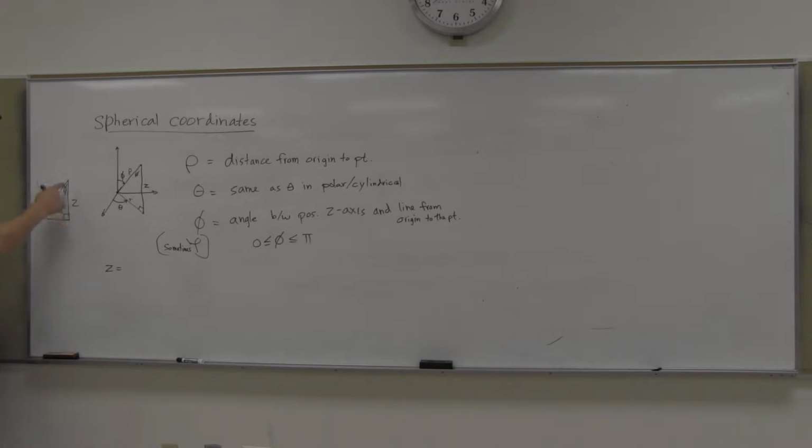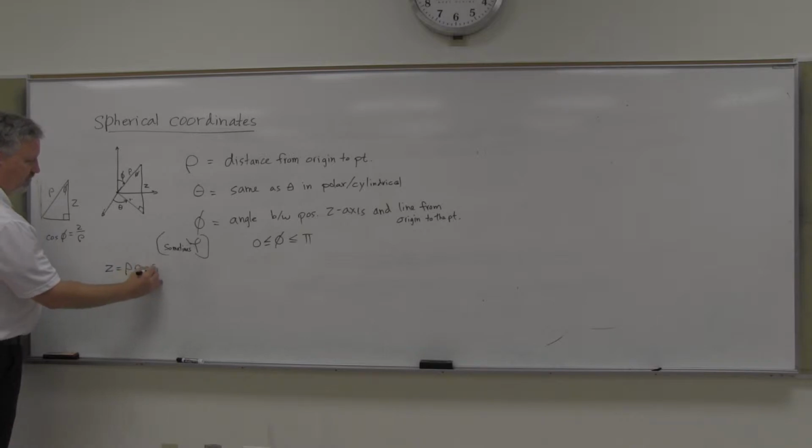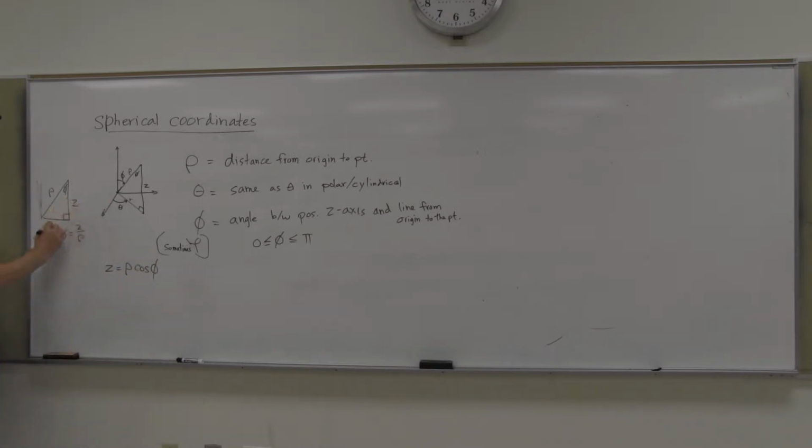So cosine of phi equals Z over rho. So Z equals rho cosine phi. And then this is R, so R is rho sine phi. So that can help us in a minute. All right. But it's just right triangle stuff.